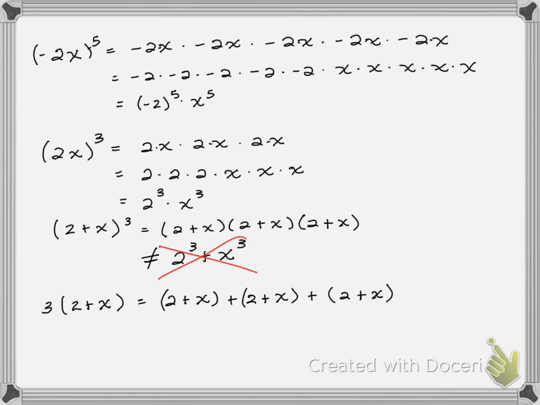And again, all of a sudden, I only have one operation. And because addition is also commutative, I can rearrange those terms into 2 plus 2 plus 2 plus x plus x plus x. And that's where we get the distributive property.